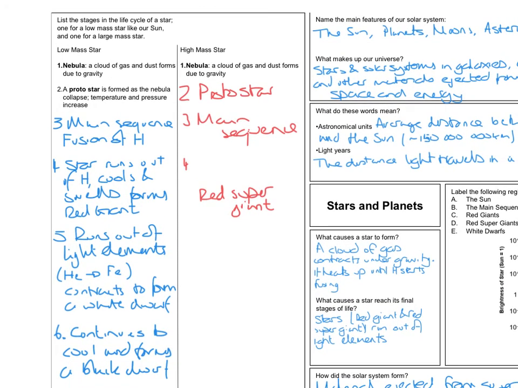Now, when the red supergiant runs out of light elements, again iron, the core collapses. Okay, so the details are still the same. It runs out of light elements, which is the helium to the iron. It's not going to contract to form a white dwarf.